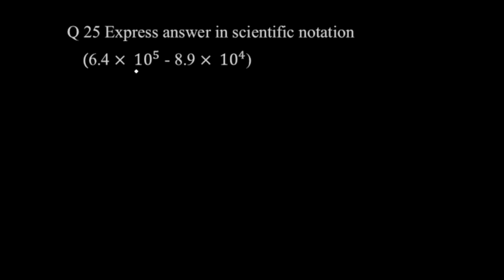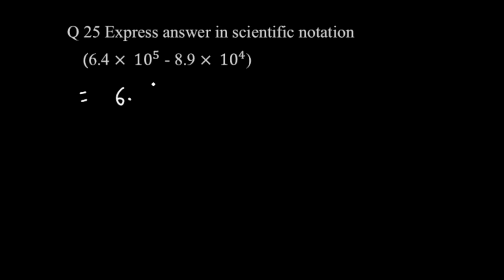6.4 multiply 10 to the power 5 minus 8.9 multiply 10 to the power 4. In this question we have two different powers. One is 10 to the power 5 and another is 10 to the power 4. We already practiced such types of question. How can we solve?